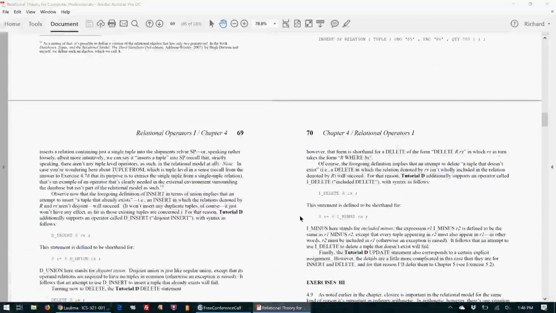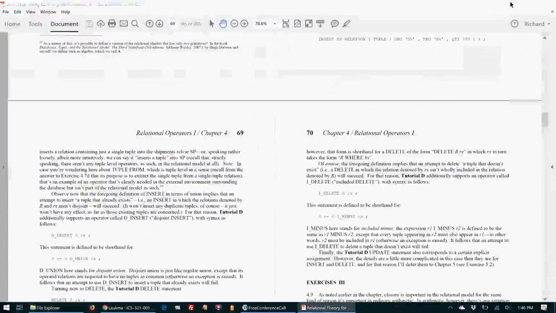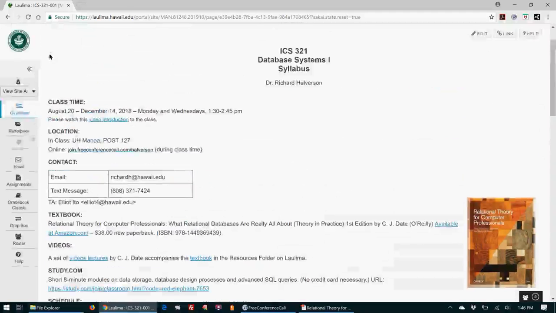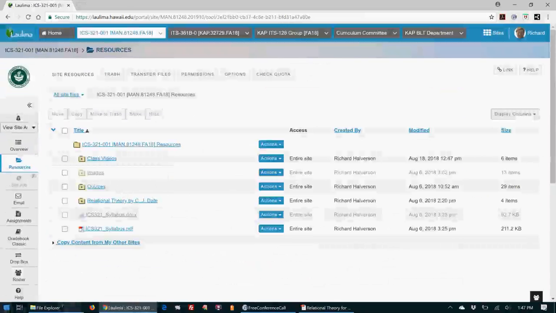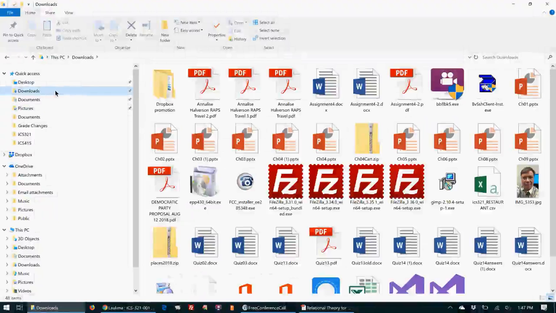So let's, do I have some slides around here someplace? I don't think I have any on this computer, but I know that there are some here. Wait a second, I bet you I've got some in downloads, maybe?